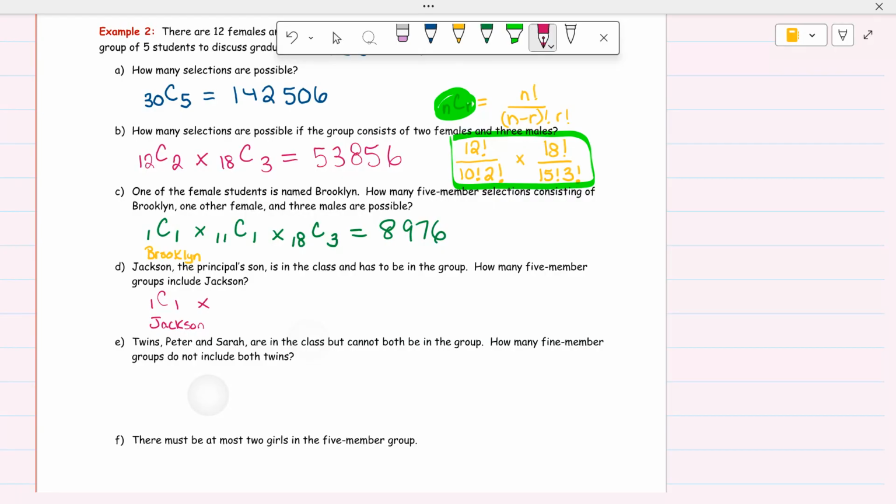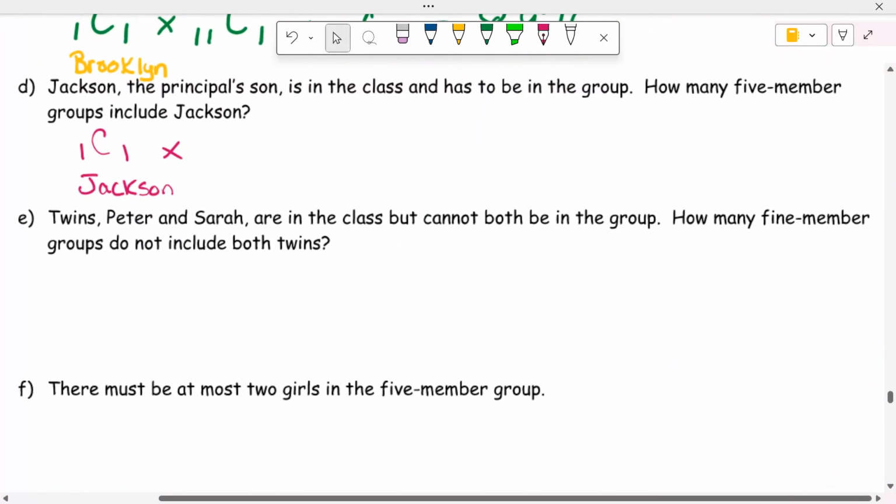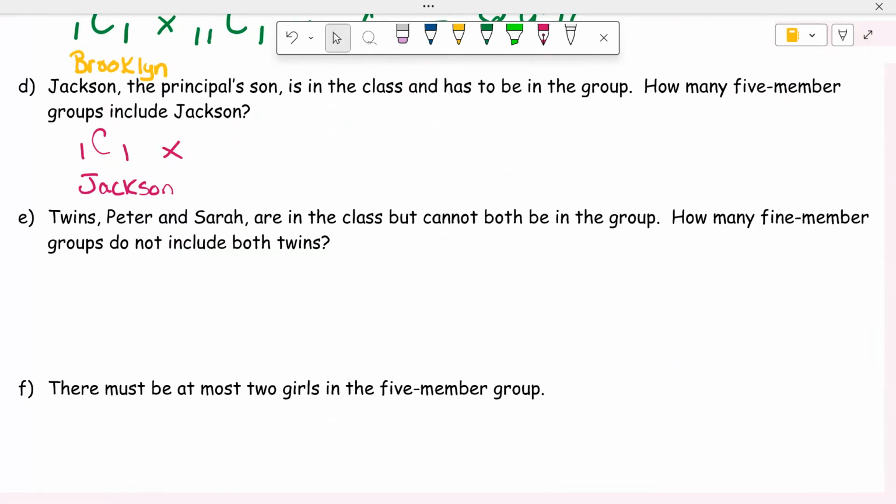Times, is there any other restriction? No. So we need 4 more group members, right? How many people do we have left to choose from? 29, because we are now putting them all into the same group, right? So we have 29 more students to look at because we took Jackson out because there was 30 and 29, and we're choosing 4 more because it's still a group of 5.